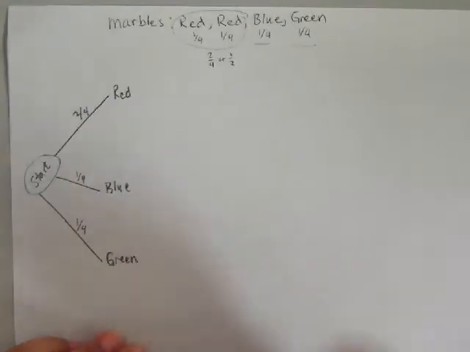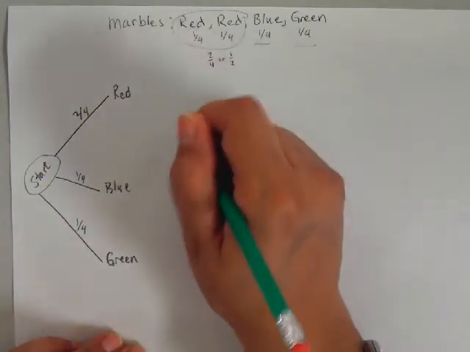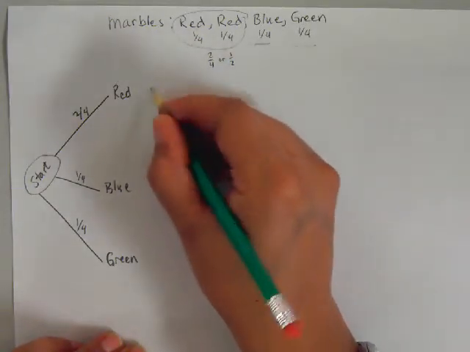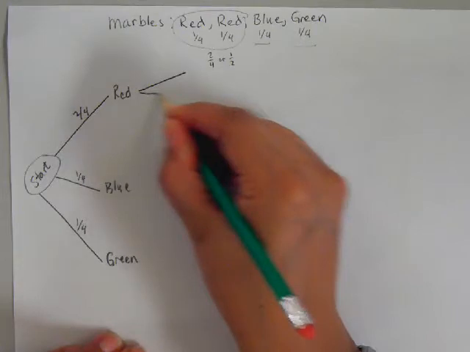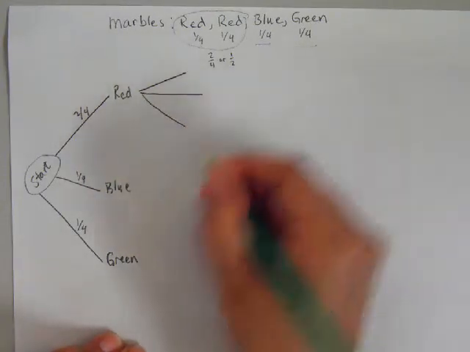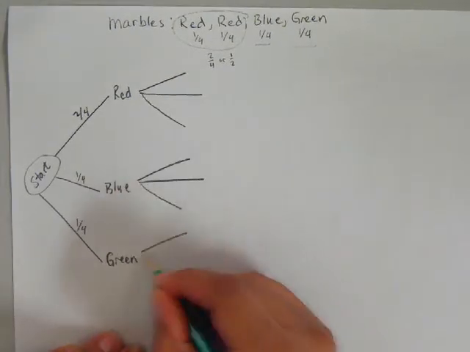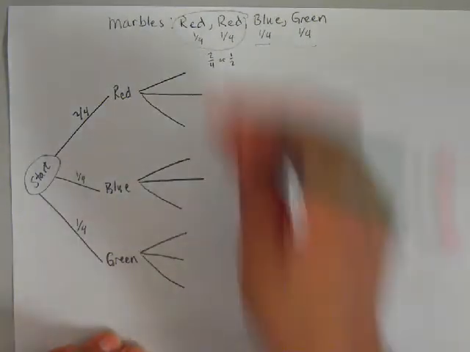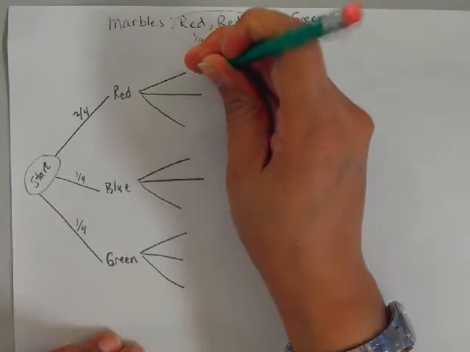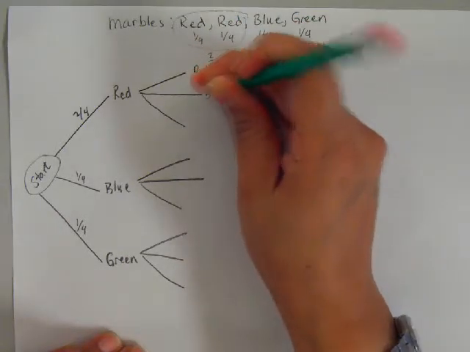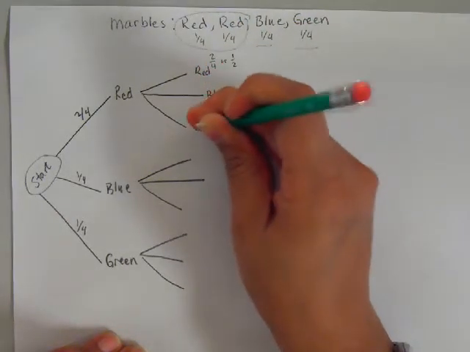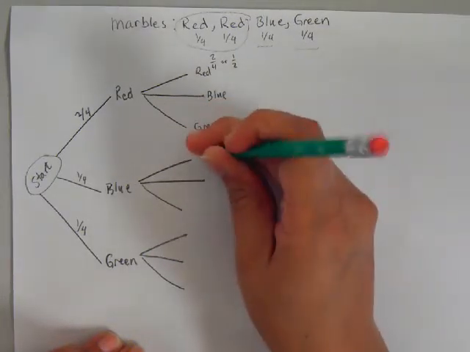So now second draw, second event, and we're going to draw the same 3 options out of the ends of these branches. We're going to have again red, blue, and green, but this saves us a little bit of time.